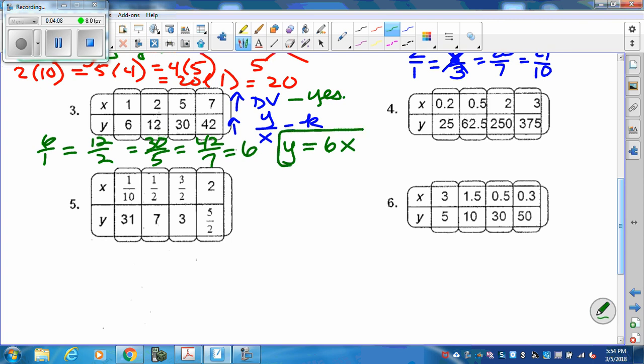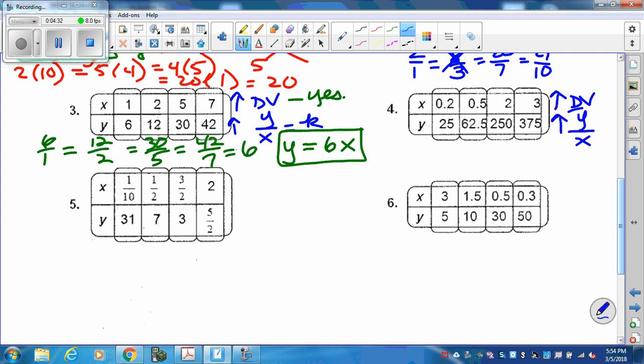It kind of looks like y equals mx plus b, where b is always 0, because it goes through the origin. So looking at number 4, the x's are getting bigger and the y's are getting bigger, so that could be a direct variation. I'm going to check out y divided by x.